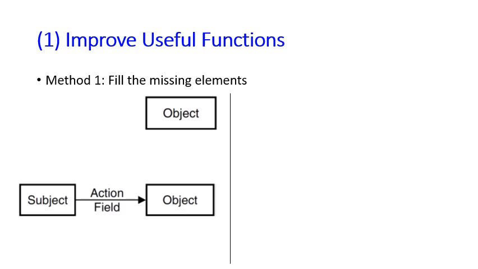First, if we have inadequate useful functions, we would like to improve that useful function. The first method is filling the missing element. Suppose at the beginning you only have the object. According to TRIZ, what you need to do is add a subject and the action.